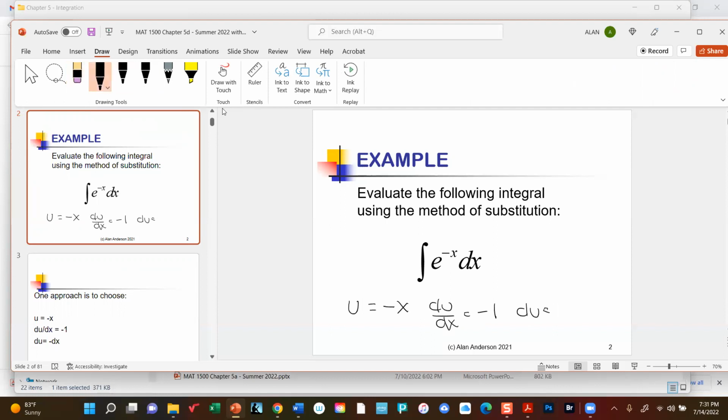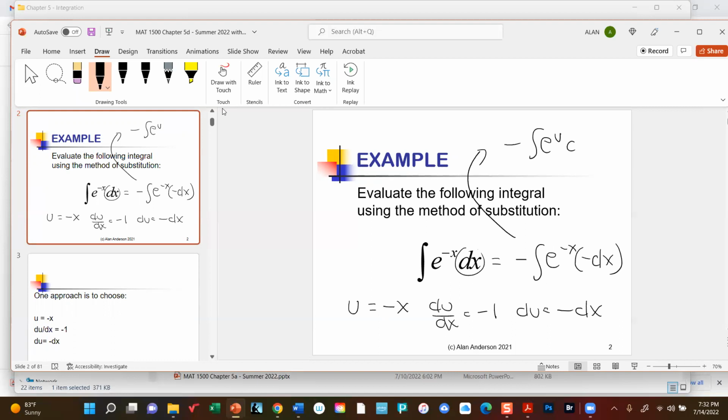Now it's negative dx. Of course, we don't have negative dx. What we can do is rewrite this as minus e to the minus x times minus dx. See, now we're all set, because now we have e to the u du.